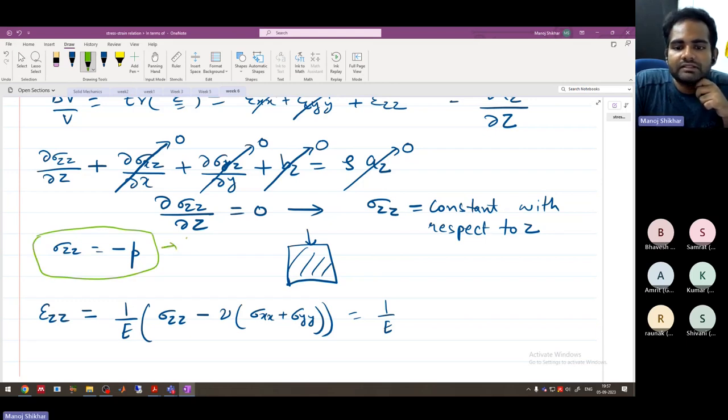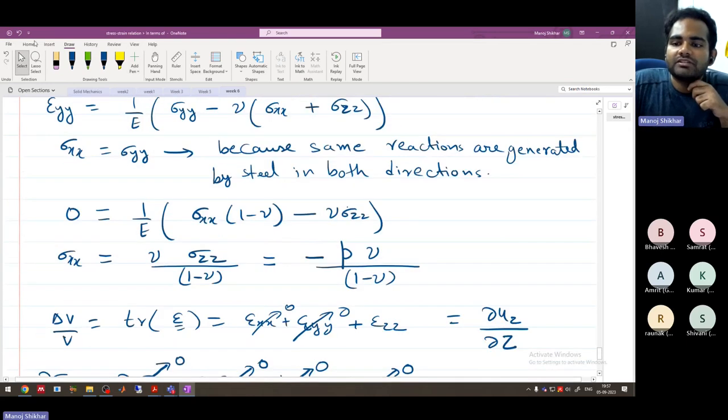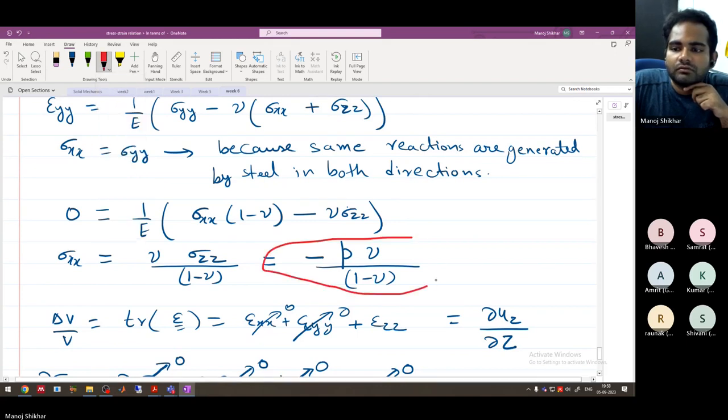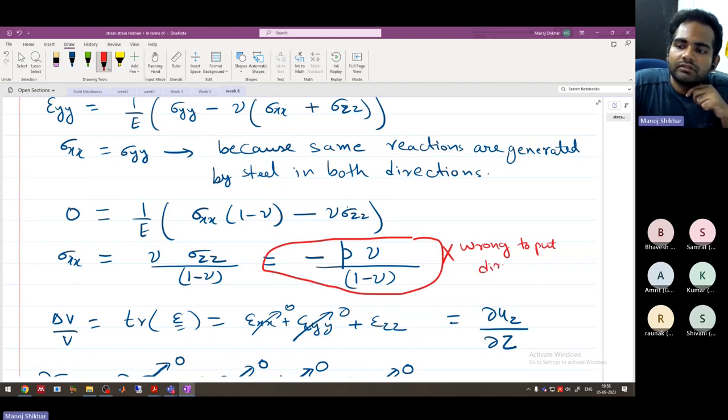Now, after this step, we can say that sigma zz is same throughout the body. But at that step, it was wrong to directly put minus p by nu here. This was wrong. We cannot do this here.